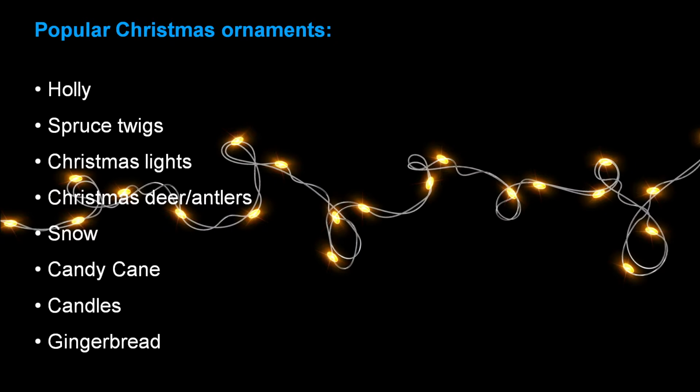Not only white and yellow, warm white, or there are different colors. There are lights like red, yellow, green, blue, different colors, and it depends on what type of lights you have.